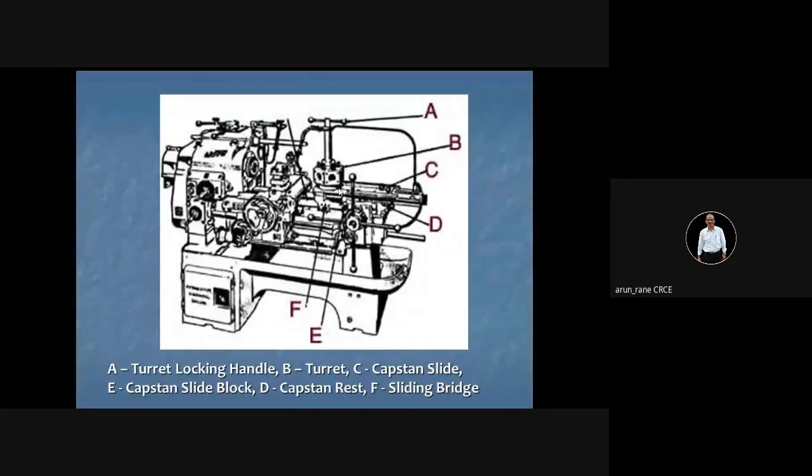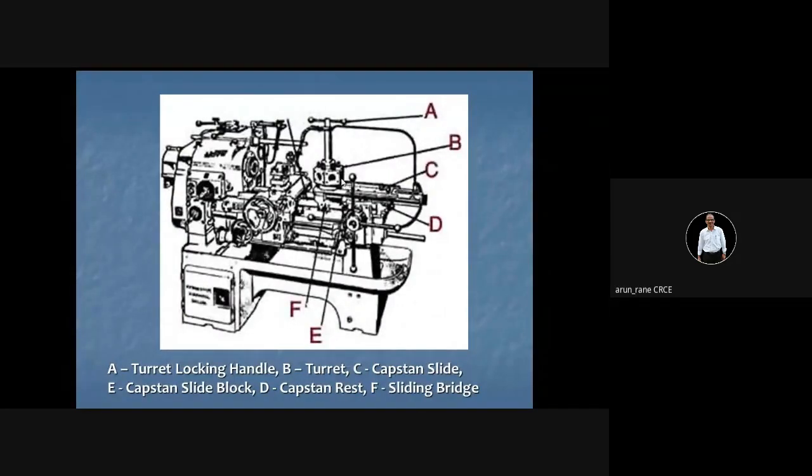This slide is mounted on this. This is your main slide. On the main slide you have an auxiliary slide, and on the auxiliary slide the turret moves. And this machine is called the capstan lathe.